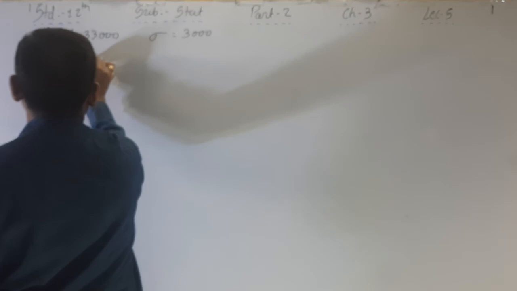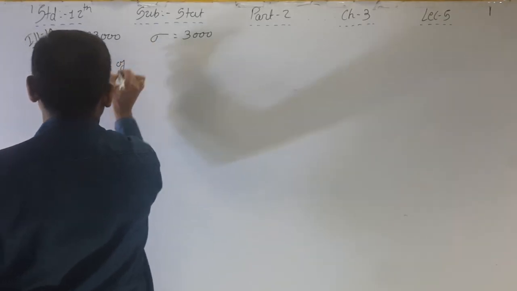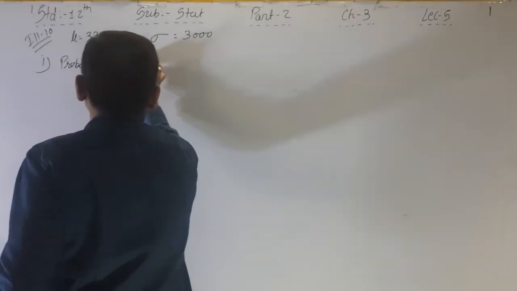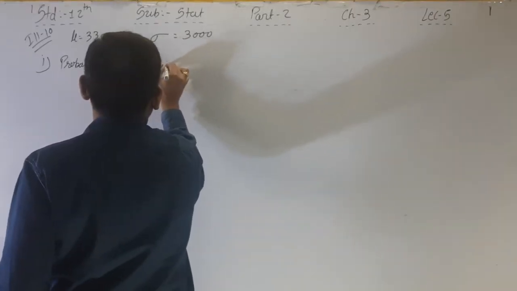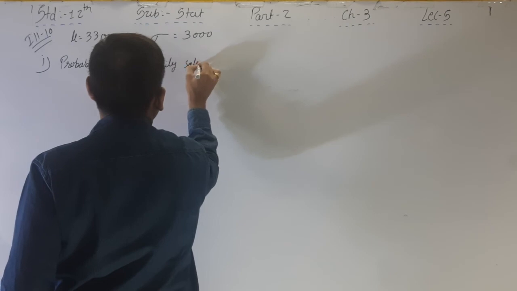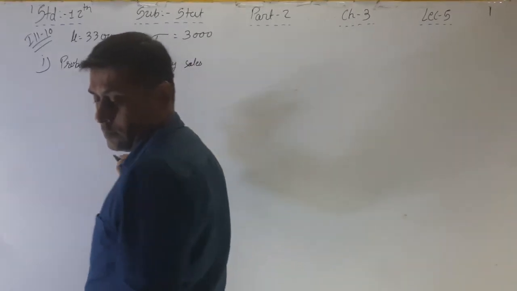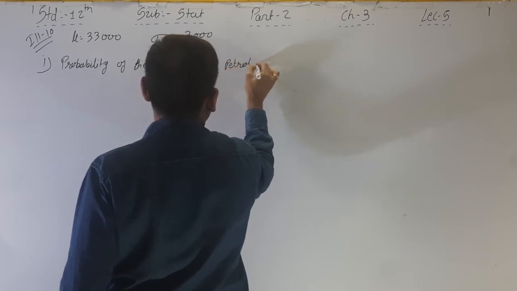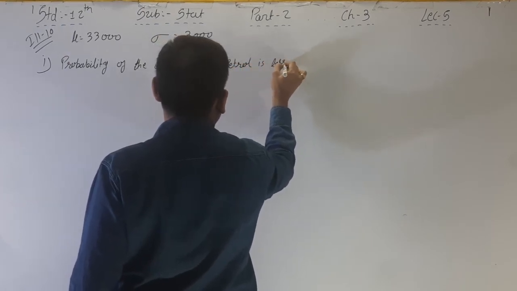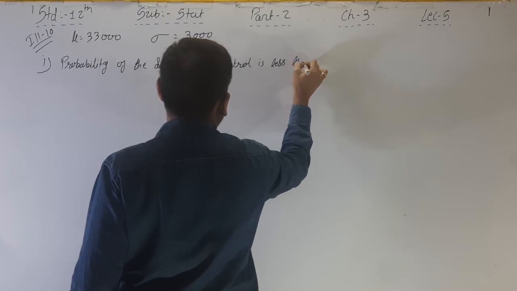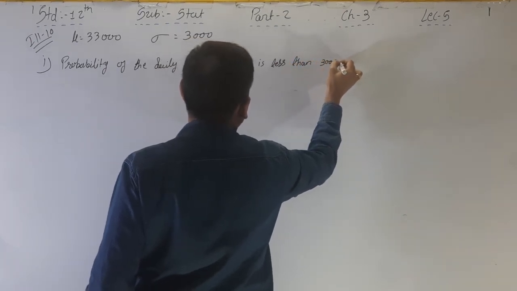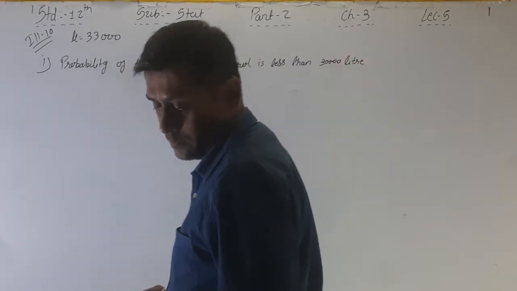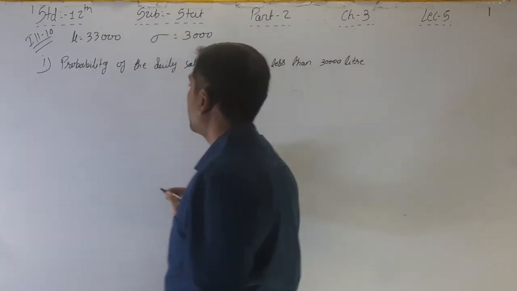So your first question: the probability that the daily sales of petrol is less than 30,000 liters.